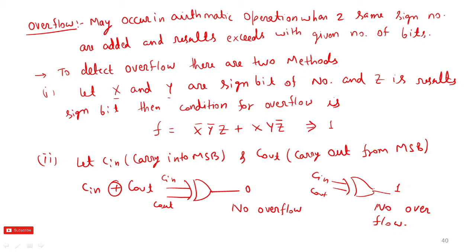Sorry, 1 means overflow, 0 means no overflow. Okay.